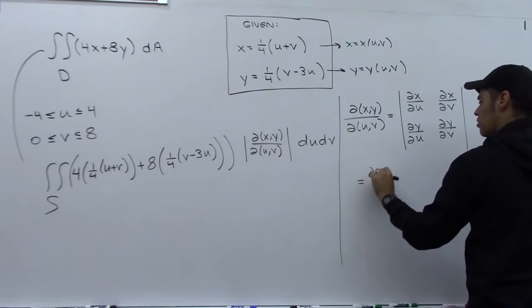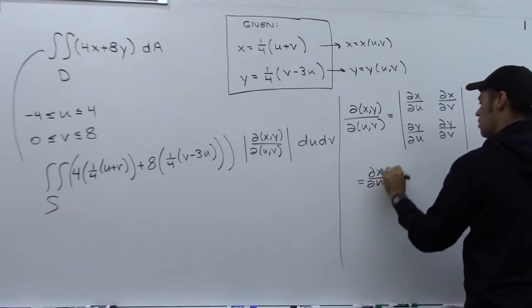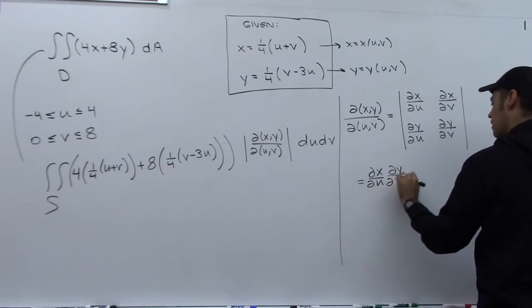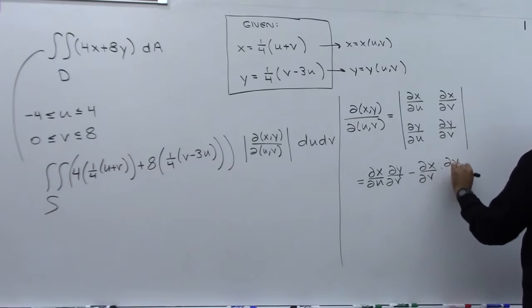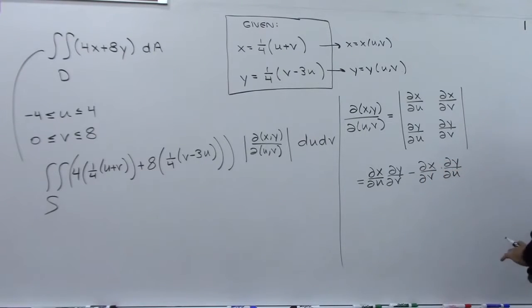So partial x with respect to u times partial y with respect to v minus partial x with respect to v times partial y with respect to u. All right, so I need to take some partial derivatives now.